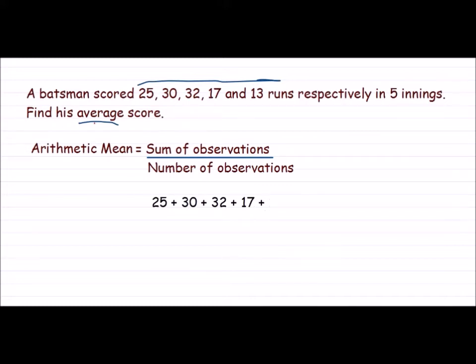So, we can check the sum of all these observations, that is, the sum of the numbers given in the numerator. This comes out to be 117, which is the sum of all these numbers, and this is to be divided by 5.